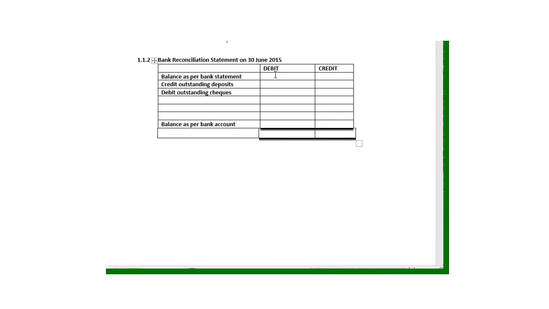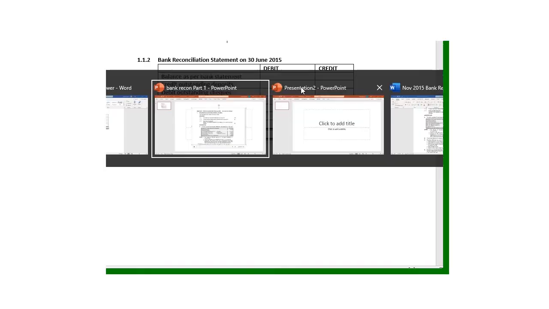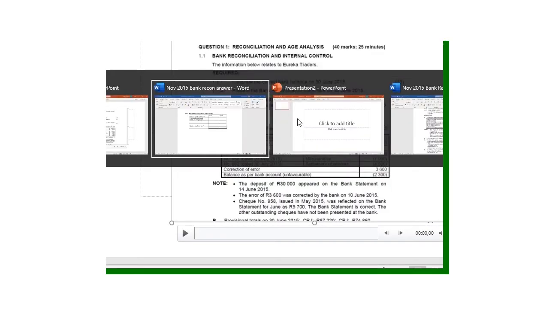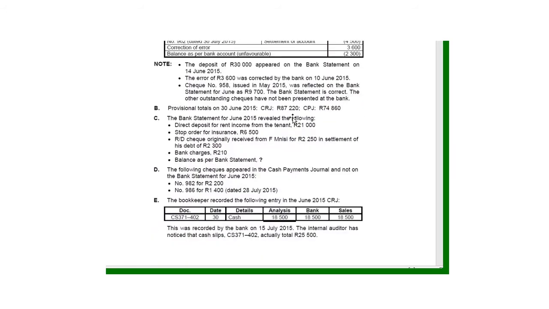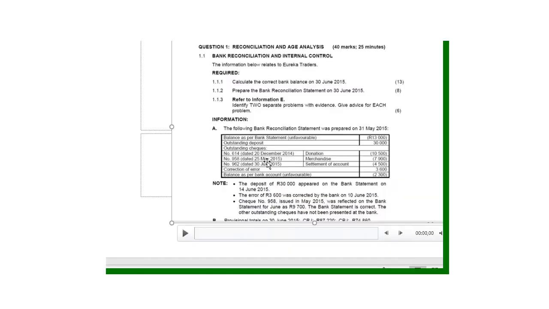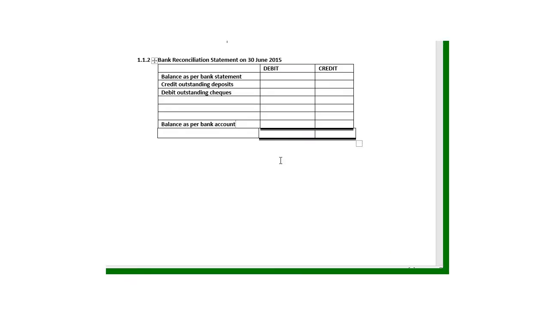So the first thing, we want to put in the balance as per bank statement. Now if I go down to the information, there they give us balance as per bank statement with a question mark. So we don't know what it is yet. It's not a problem. We will just for now leave it.